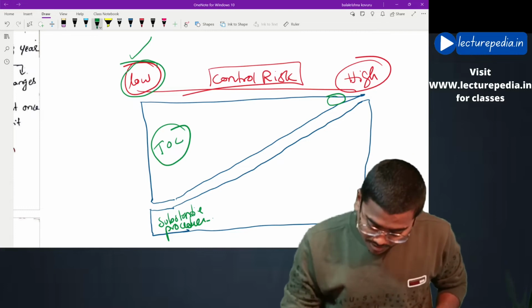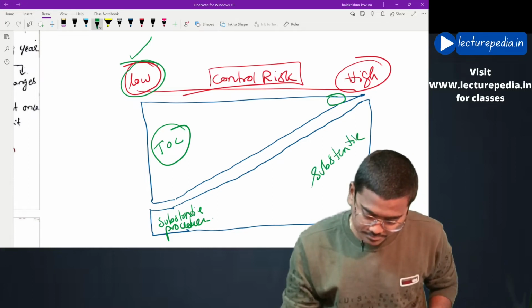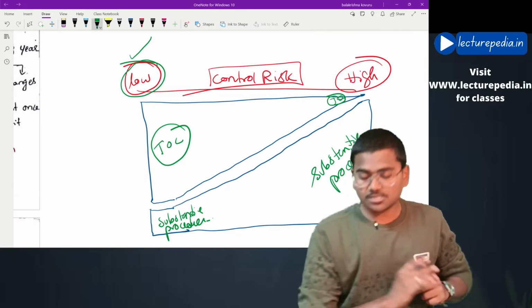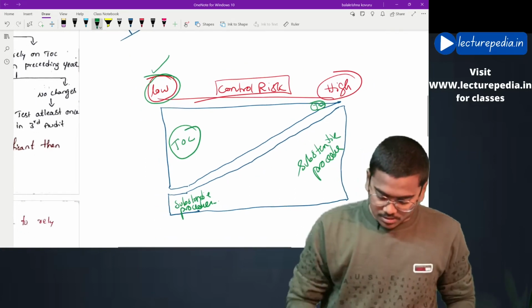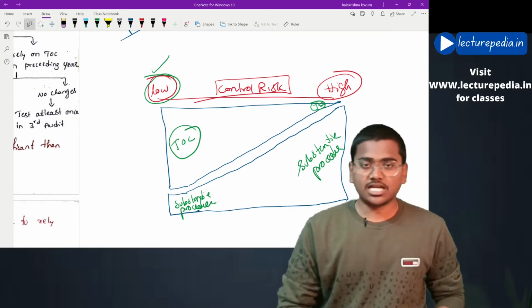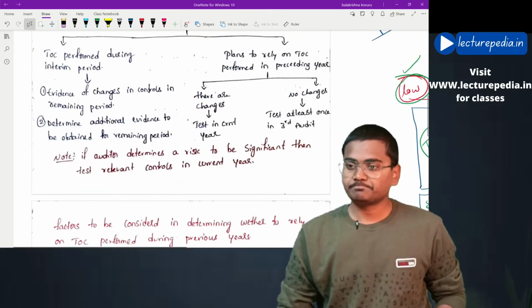Thereby, he will perform more of substantive procedures. Less of test of controls. Hope this is clear. This is how auditor will determine how much of test of controls has to be performed and how much of substantive procedures has to be performed.